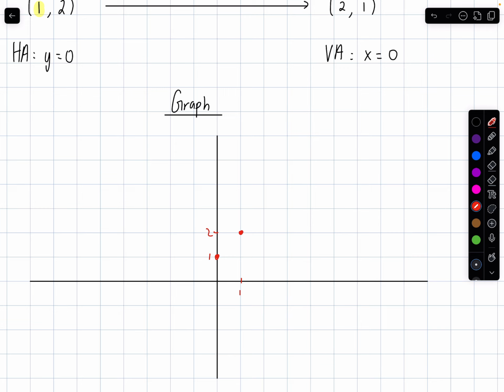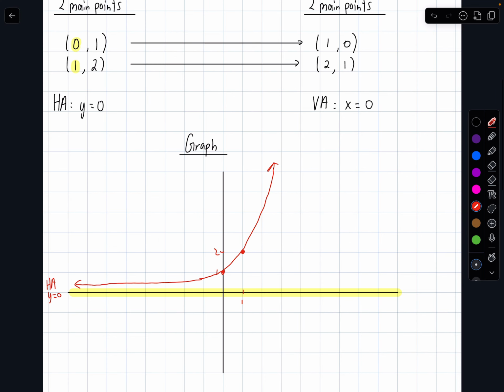I also have a horizontal asymptote at y equals 0. The graph is going to hug this horizontal asymptote, and then swoop up like a hockey stick. This is what the function y equals 2 to the power of x looks like.